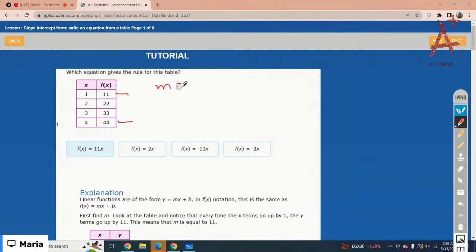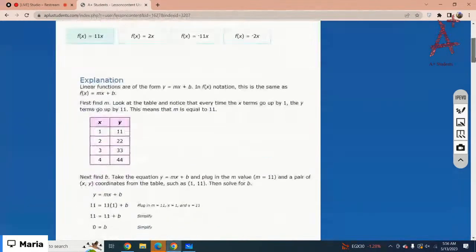It would be y2 minus y1, 44 minus 11, and x2 minus x1, 4 minus 1. So 44 minus 11 is 33 divided by 3. So that means the slope of the graph is 11. Got it? And also we need to find the y-intercept of the graph.